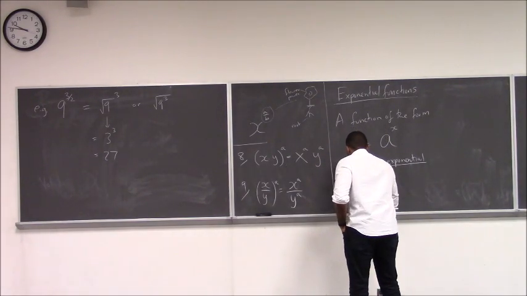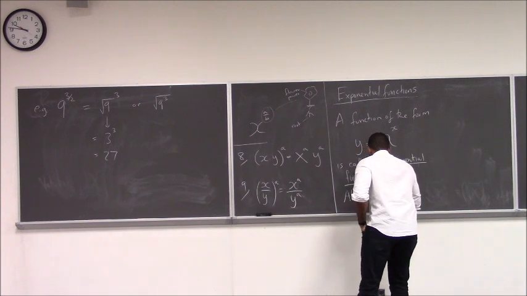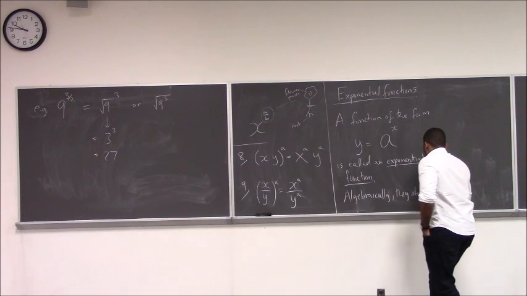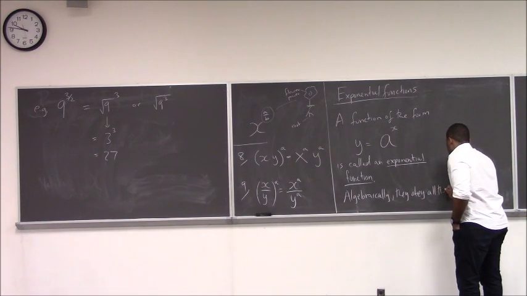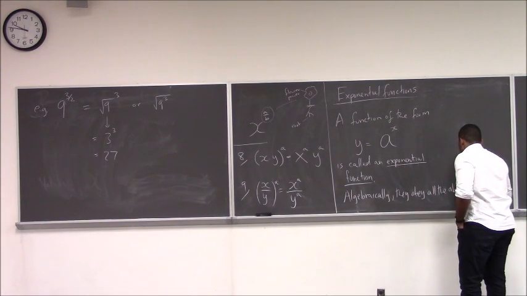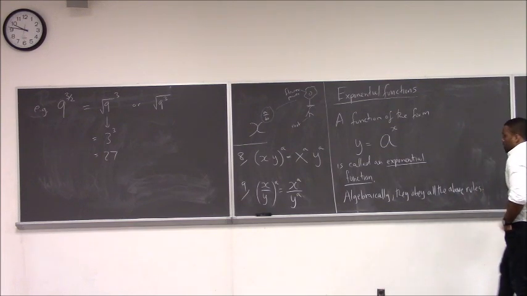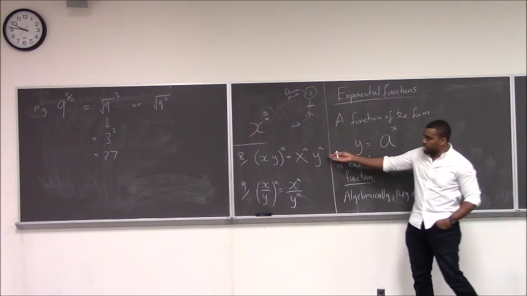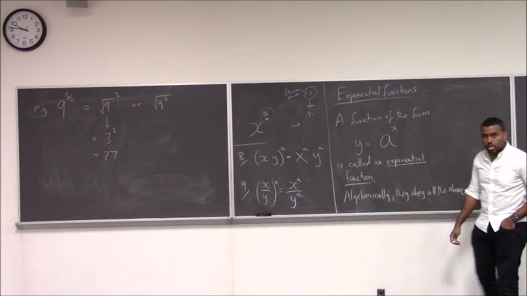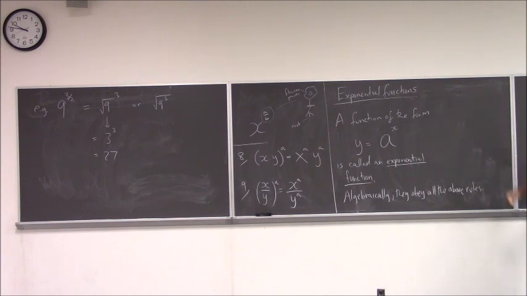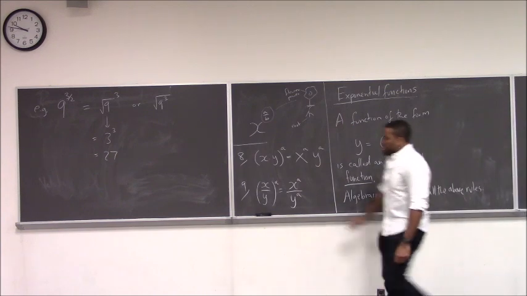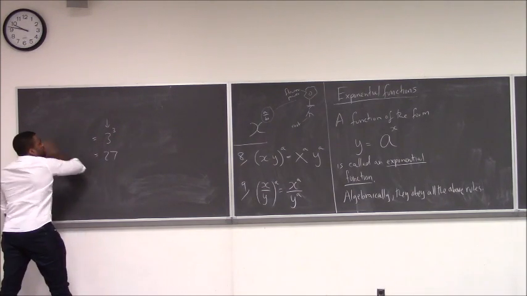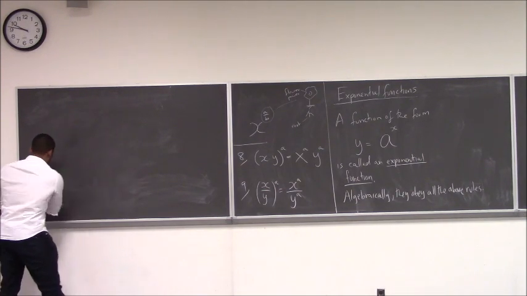Algebraically, they obey all the above rules. So you can multiply two exponential functions, and the new function will be created in a similar way like this, or according to the other rules. So you can manipulate exponential functions just like you can manipulate exponents for numbers.